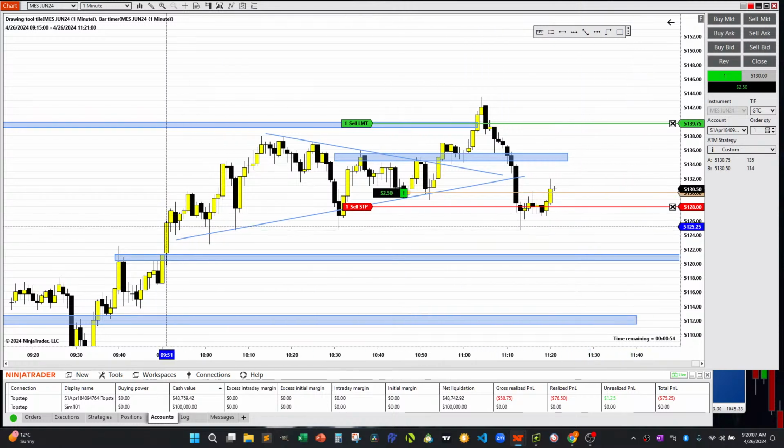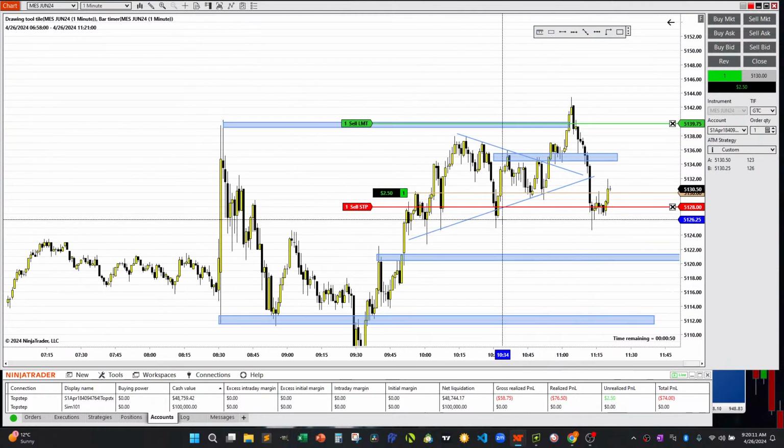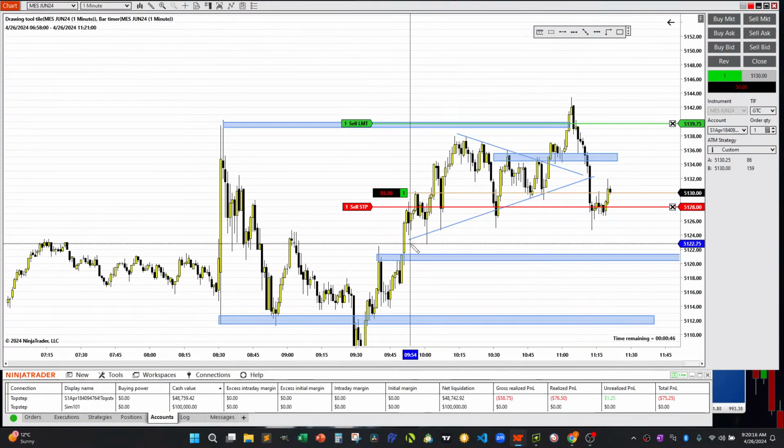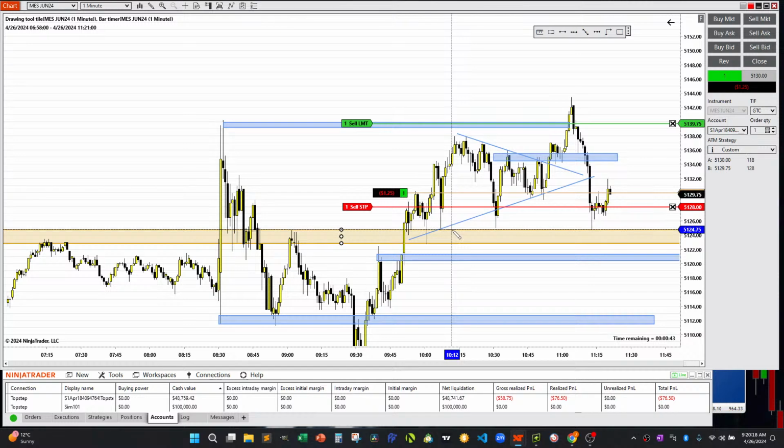Still kind of in line with some heavy buys off of this level here. Seems to be playing out quite a bit. So I would think heavy buys in this little area here.